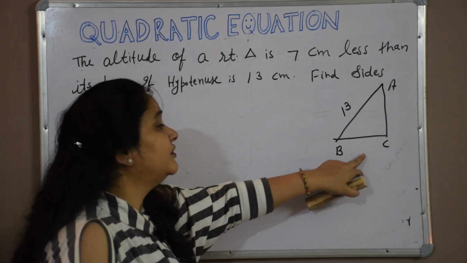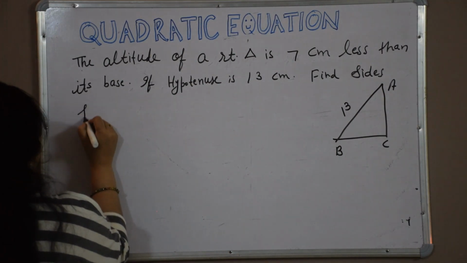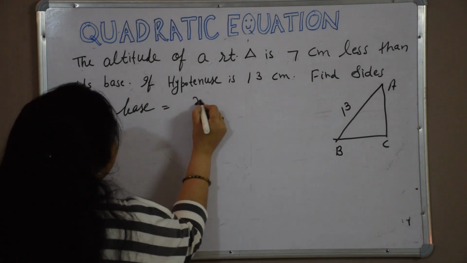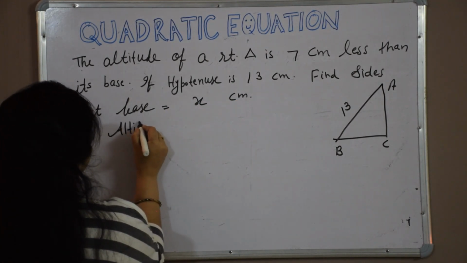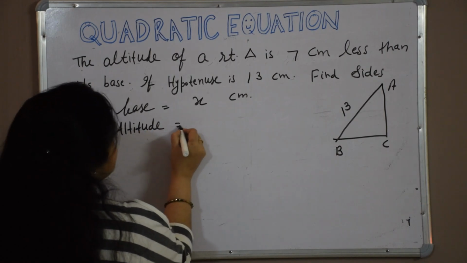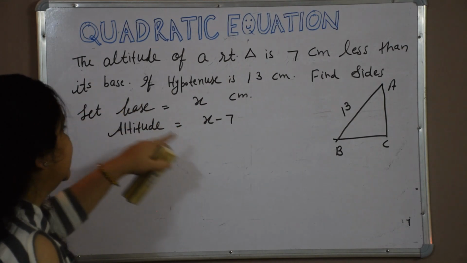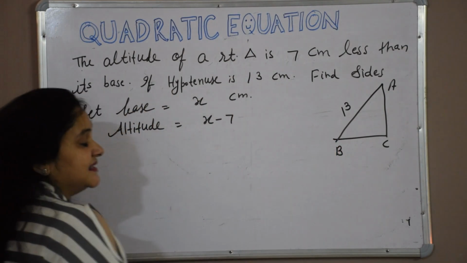So first of all, what should we assume? We should assume BC. Let base be equal to x centimeter, then altitude is equal to x minus 7, because it is 7 centimeter less than its base, and hypotenuse is already given to us, it is 13.